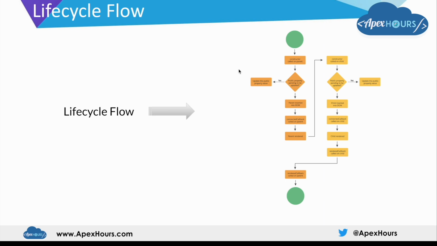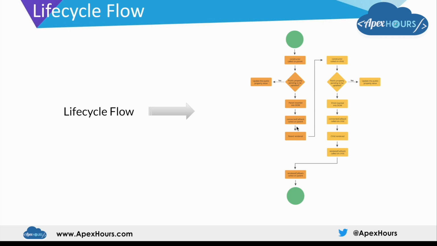If you look at this diagram, it is talking about one parent and one child component. First, as you can see, the constructor is called, then public properties are set on the parent, then the parent component is inserted into the DOM. Once the parent component is inserted into the DOM, connected callback is called on the parent.